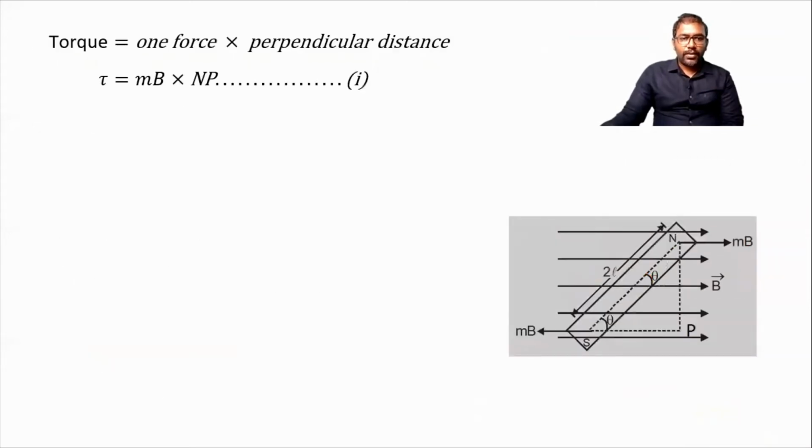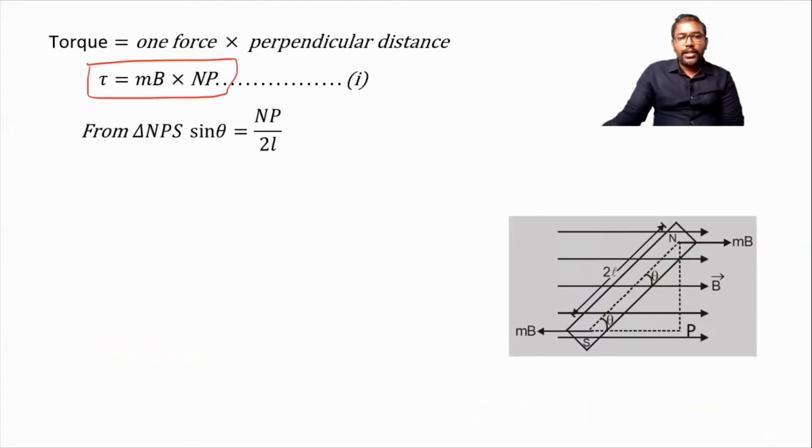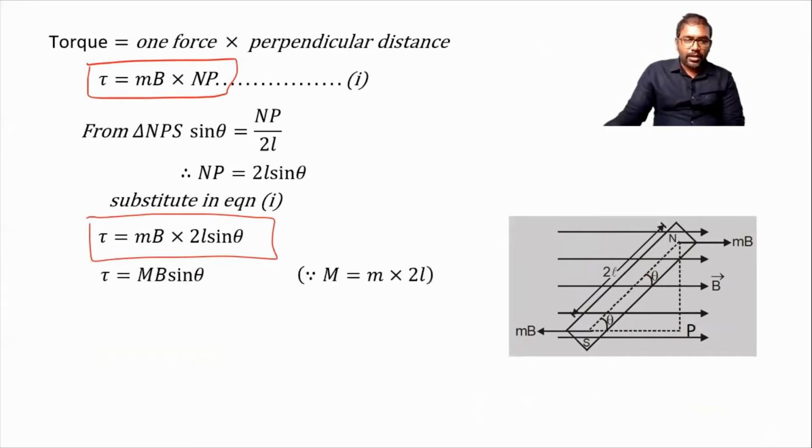So this is our formula. Sine theta is NP by 2L, so NP is 2L sine theta. Let me substitute, and the equation of the torque becomes torque is equal to MB into 2L sine theta. After rearranging the terms, I write 2, then M, then L, then B, and then sine theta.